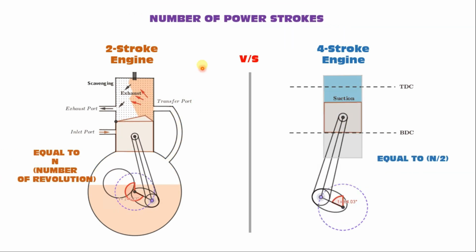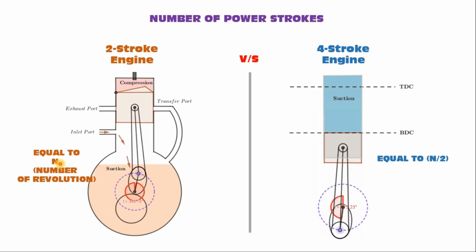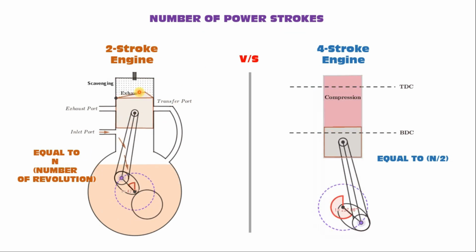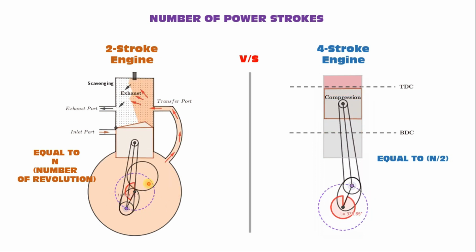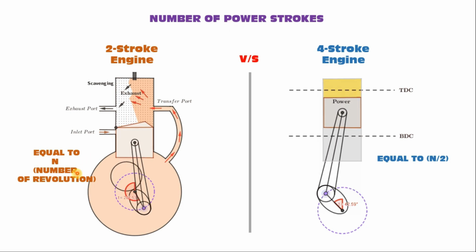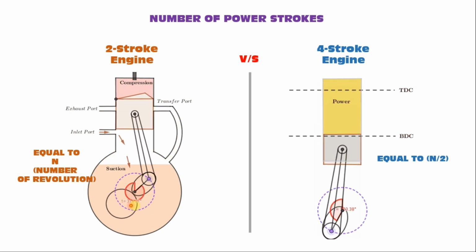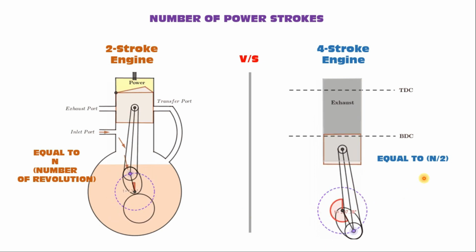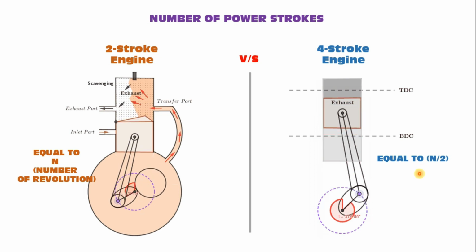Then number of power strokes. In two-stroke engines we have seen that the power is generated in each revolution, so the number of power strokes will be equal to the number of revolutions of crank. While in a four-stroke engine, power is generated in alternate revolutions.